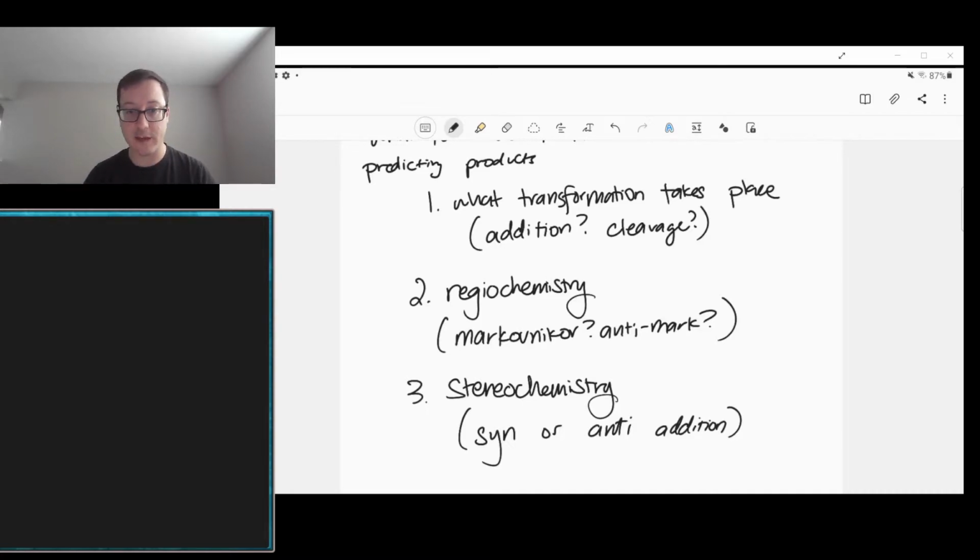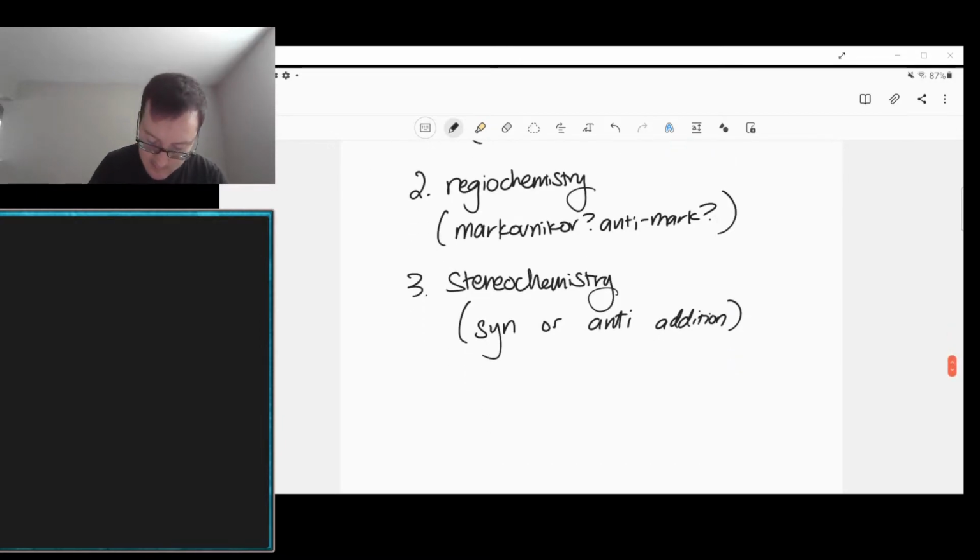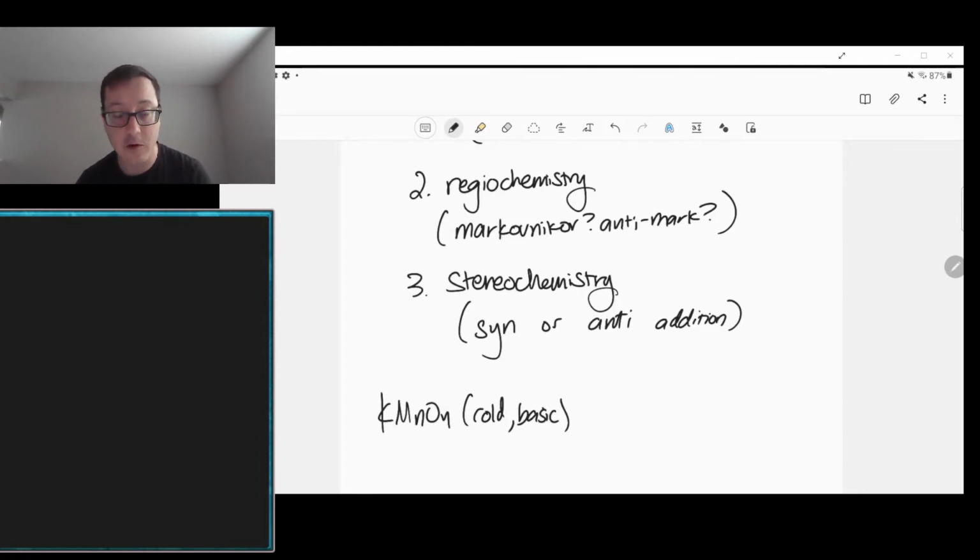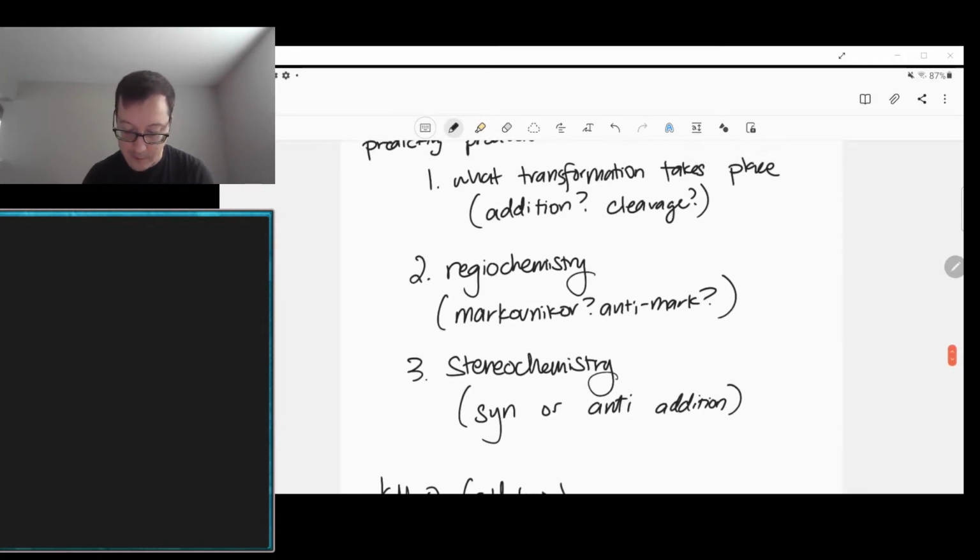If your set of reagents is, say, cold basic KMnO4, the first question is what transformation is taking place? For cold basic permanganate, this is an addition reaction.